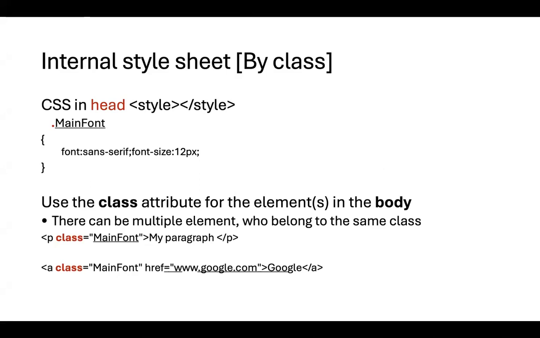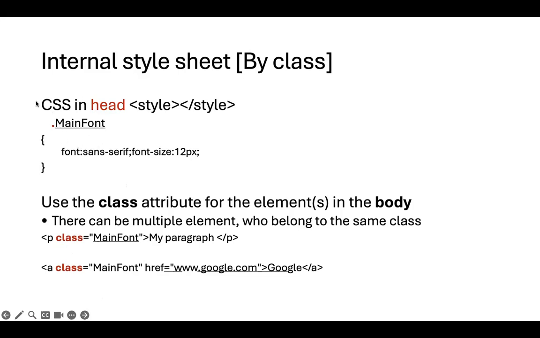You can use the same class in multiple elements, okay? In this example, we have a paragraph and a link. For the paragraph the class name is main font, and for the anchor we also have main font. So we are going to add the style for this main font class.